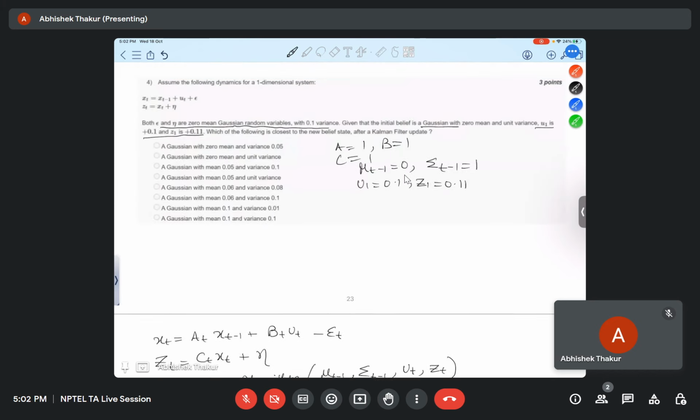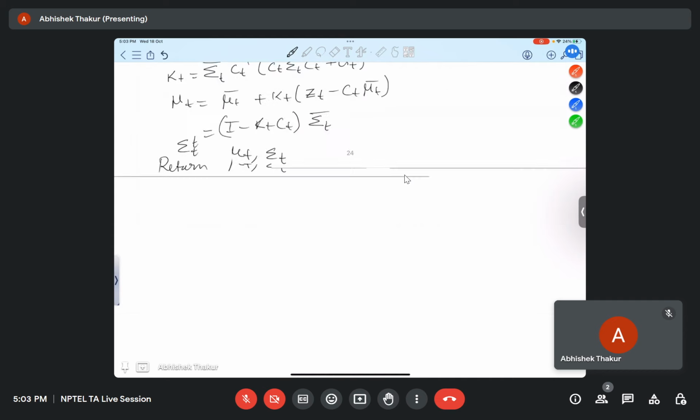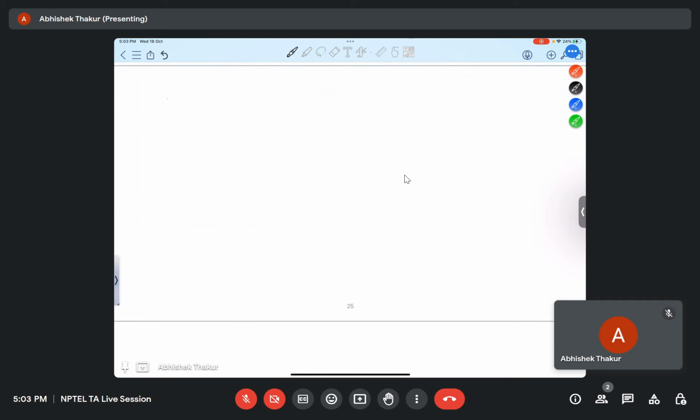Okay, so for the Kalman filter algorithm, here mu t minus 1 is 0, sigma t minus 1 is 1, ut is 0.1 and zt is 0.11. I will write it so that you may not get confused.